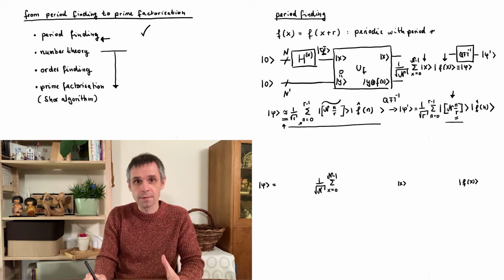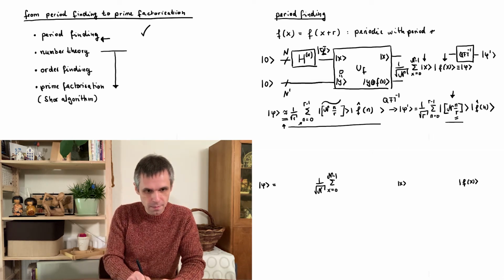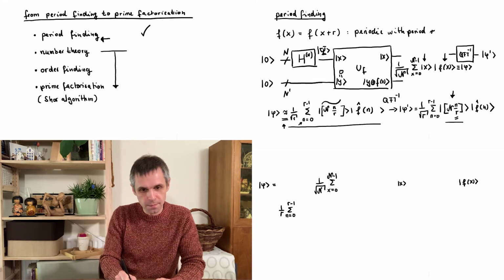And you see that I left some space, and this is so that I can include some additional terms. And the first one is the sum over an integer n running from 0 to r minus 1, where r is the period that we want to find. And in here I'm going to include another sum over an integer z running from 0, but now again over all values in the computational basis.